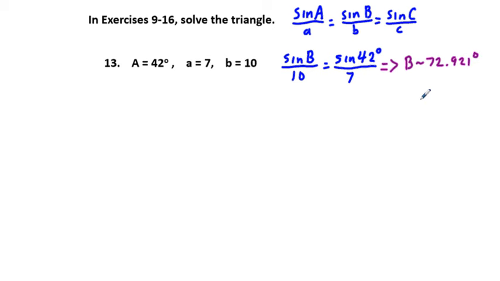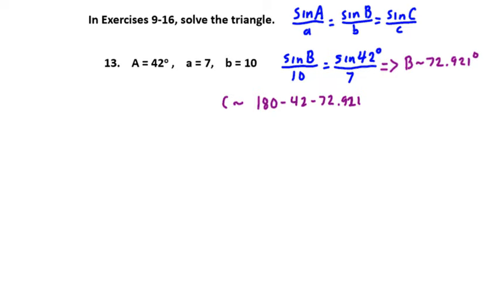And again, we could do the same thing as we did in that problem earlier. The other method, we take 180 minus 42 minus 72.921. That's going to be angle C. Right, that's B. Okay, good.